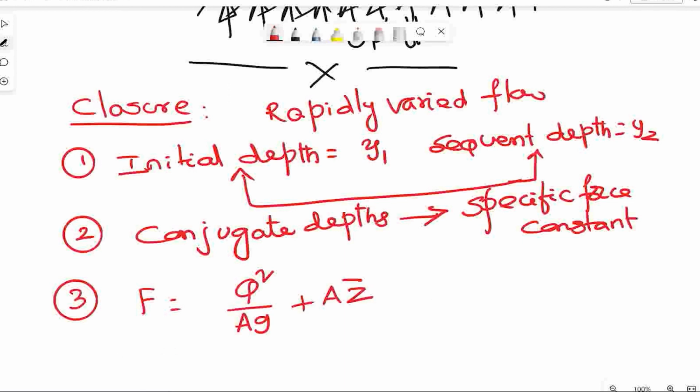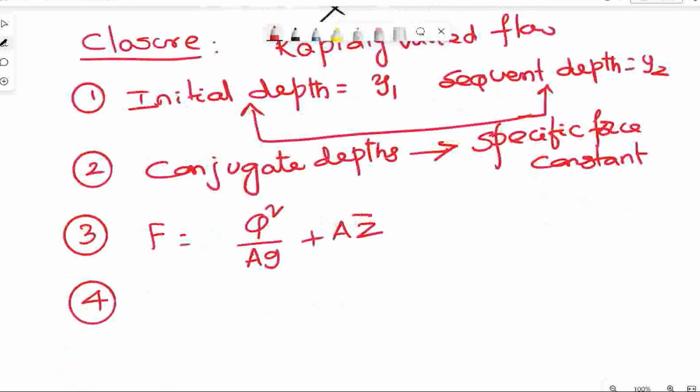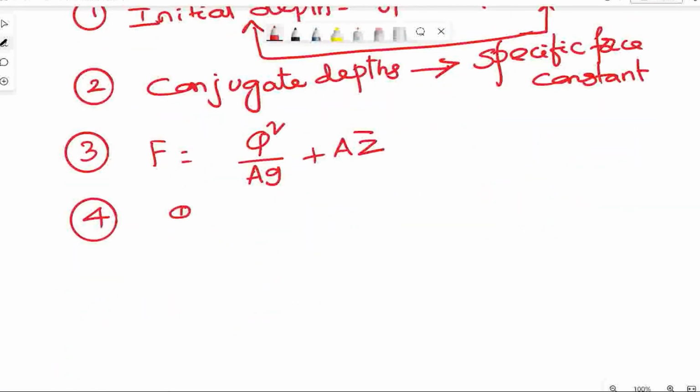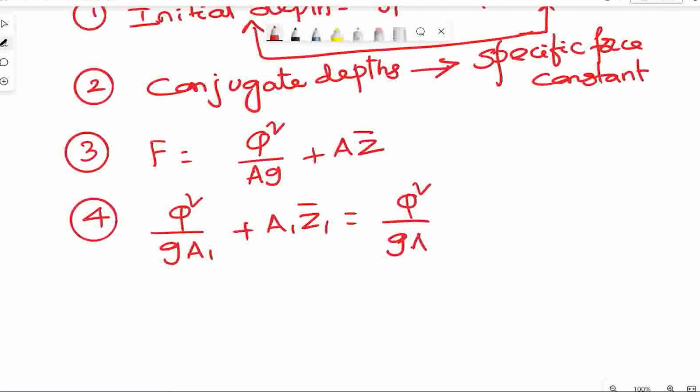This itself is called the jump equation. That is, Q square by G A1 plus A1 Z1 bar is equal to Q square by G A2 plus A2 Z2 bar. This is basically the jump equation.